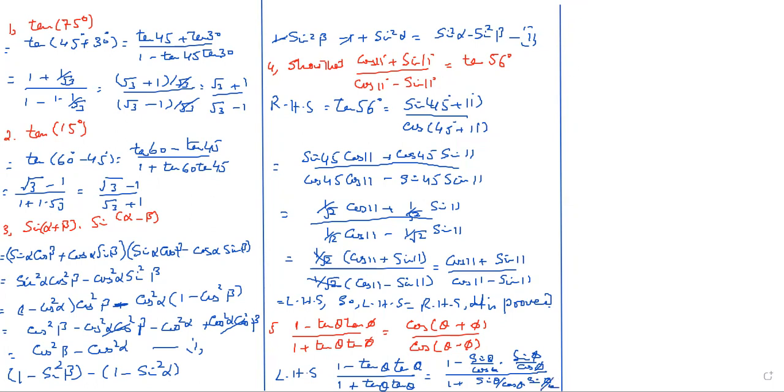Right. So it equals, taking the LCM, cosine theta cosine phi minus sine theta sine phi, divided by cosine theta cosine phi.